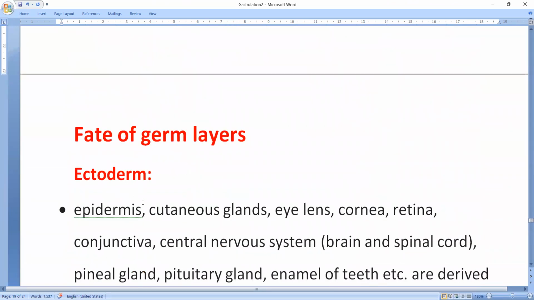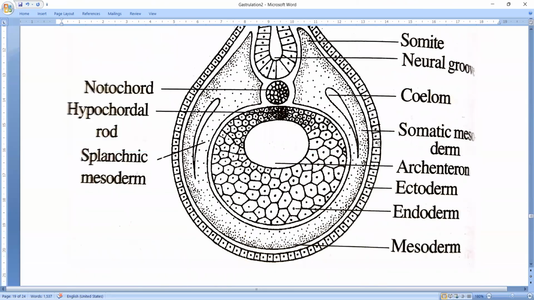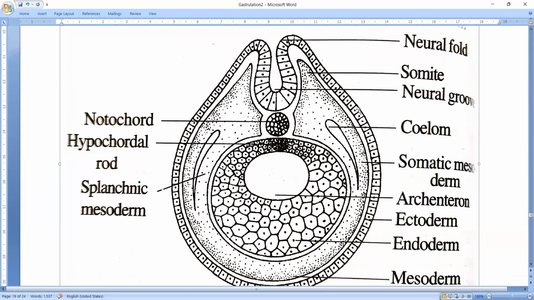So, fate of germ layers. Here we have ectoderm, mesoderm and endoderm. What do we call these? We call them the 3 primary germ layers: ectoderm, mesoderm, endoderm.